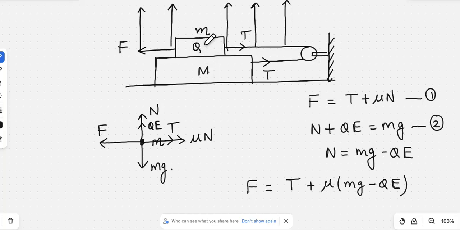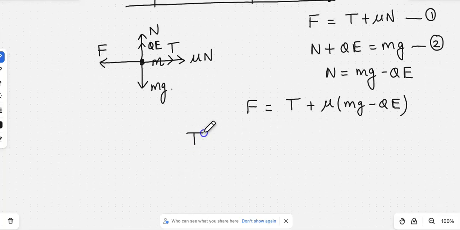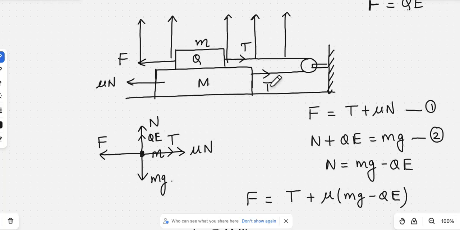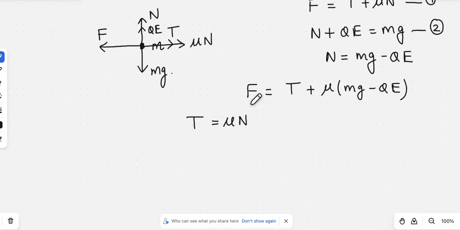The frictional force on the capital M block is towards left, that is mu times N. So here we have T is equal to mu times N. Why is T equal to mu times N? Because the frictional force between the floor and the capital M is 0, and mu N is the frictional force by the small m on the capital M, right? So here T is equal to mu N.